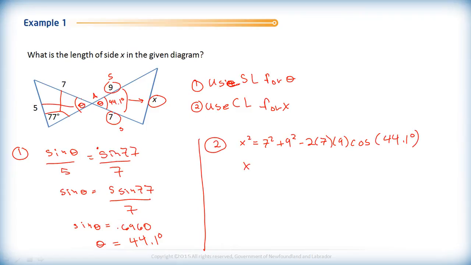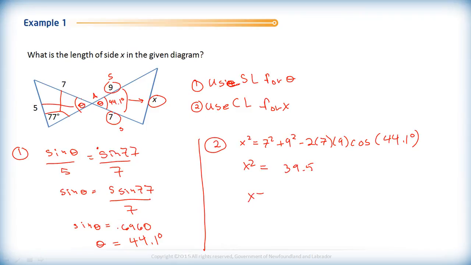Alrighty. So then x squared is going to be the sum total of all that on the right-hand side. 7 squared plus 9 squared, just using a calculator, minus 2 times 7 times 9 times cosine 44.1. And that's 39.5. So I'm getting x squared here to be 39.5.